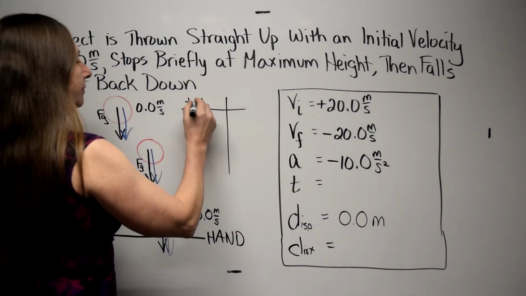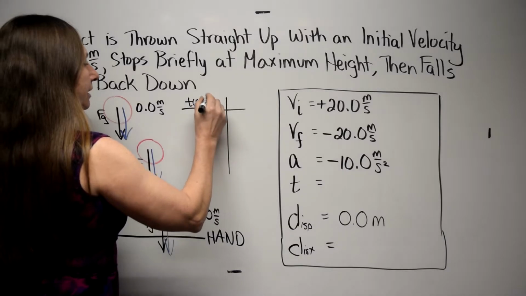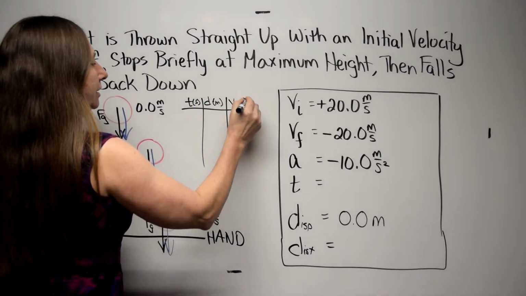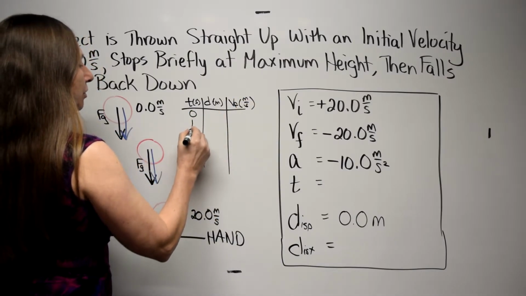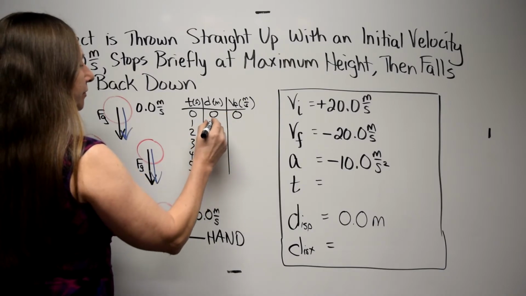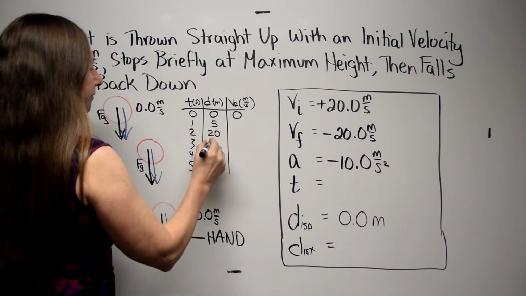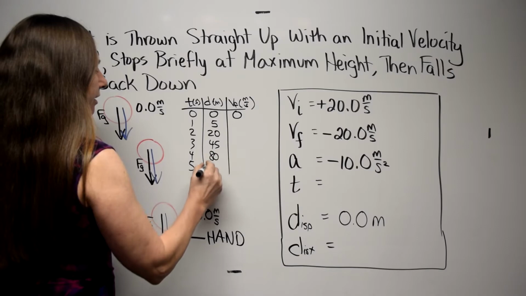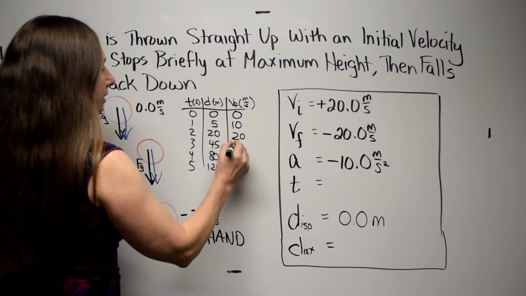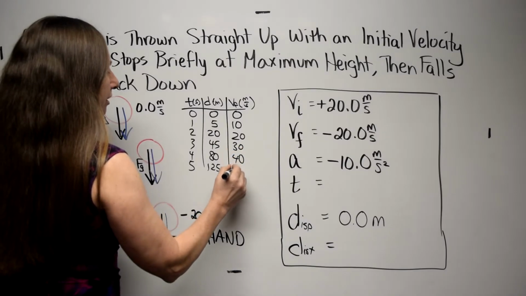Time in seconds. Distance in meters. Final velocity in meters per second. 0, 1, 2, 3, 4, 5. That'll be enough. 0, 0. This is 5. This is 20. 45, 80, 125. Speed 10, 20, 30, 40, 50.